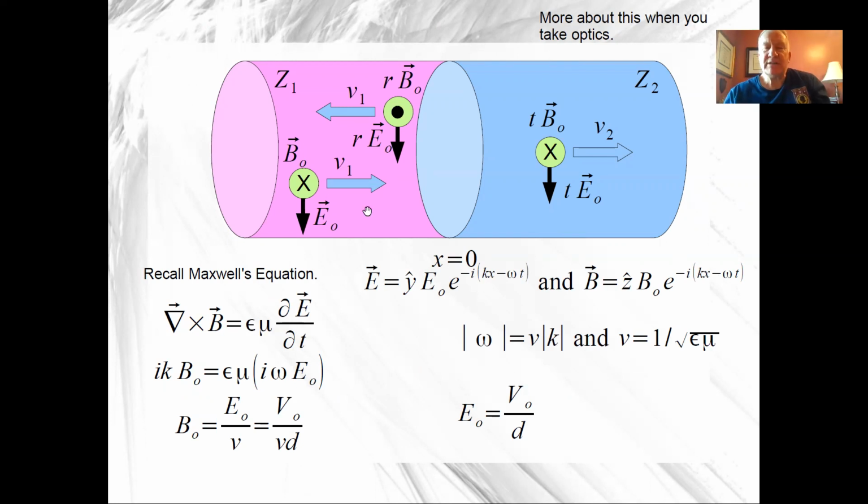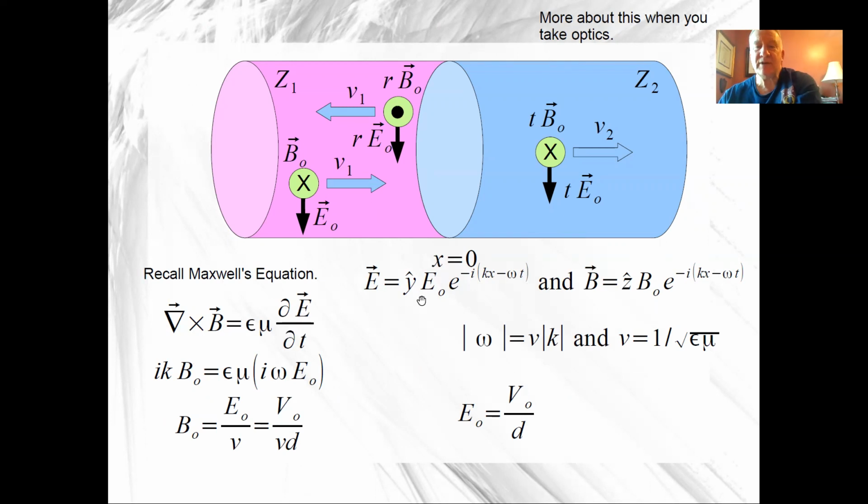Okay, so we're going to take our wave. Here's E. It only has a Y component. It's equal to E naught, the maximum value of E, times e to the i(kx minus omega t). And B will look kind of the same, only it'll be a magnetic field, and it points only in the Z direction. So if we take del cross B, we end up with ik B naught.